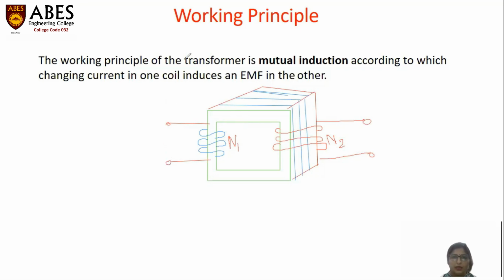Now when we apply a single phase supply, V1 voltage, input voltage, then a current, input current I1, starts to flow through the primary winding.